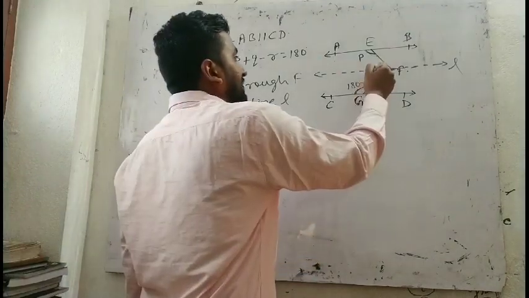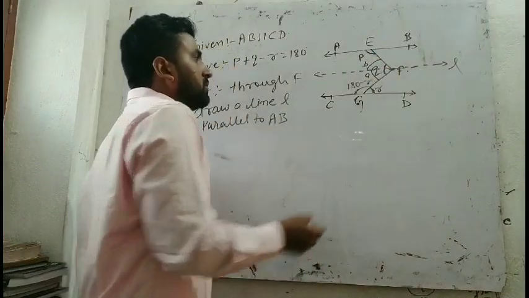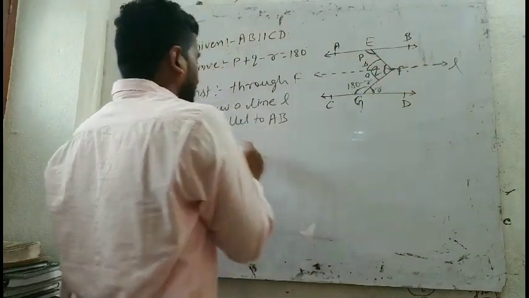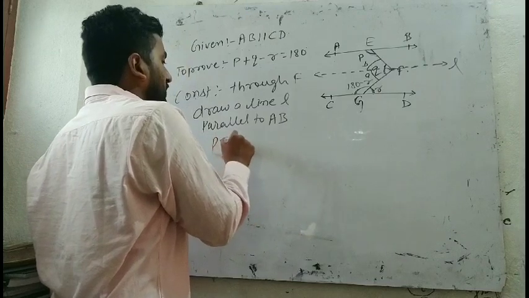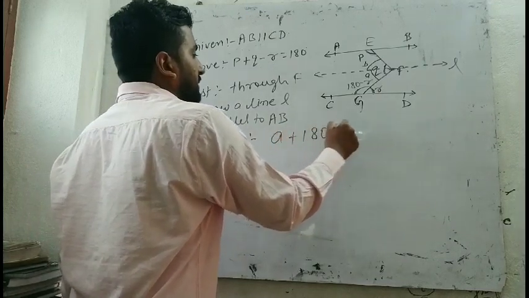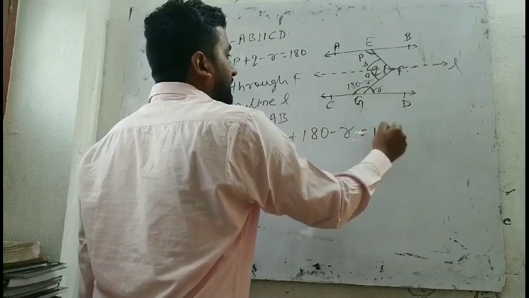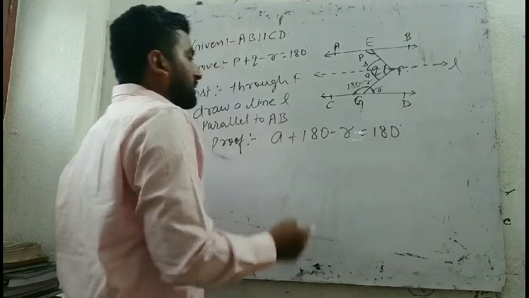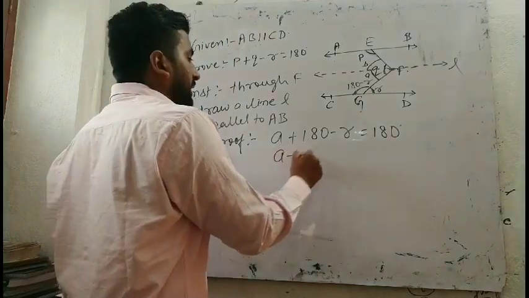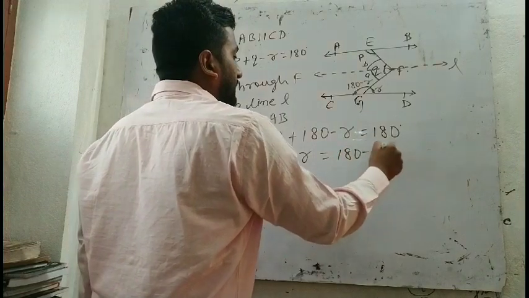Consider this angle as A and this angle as B. Now angle A plus 180 minus R, the sum of this angle and this angle, is equal to 180 degrees. So A minus R, and this goes to this side, becomes 180 minus 180.